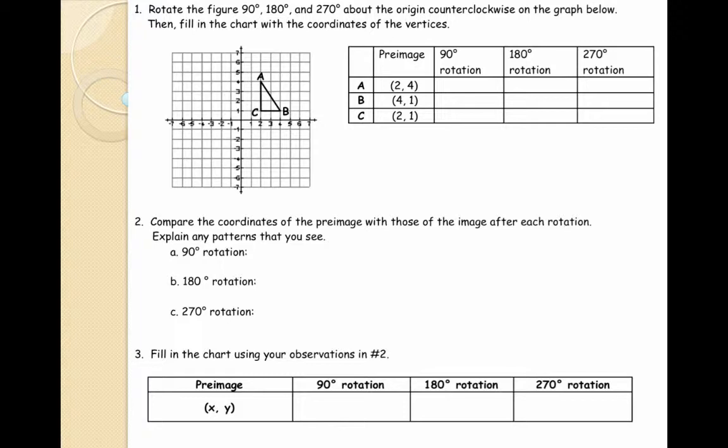Positive degree angles go counterclockwise. We're only going to deal with positive, but in your future you could, in theory, rotate, say, negative 60 degrees, and then you'd go clockwise, and you'd end up in the same position as if you went 300 degrees counterclockwise, or the positive position.